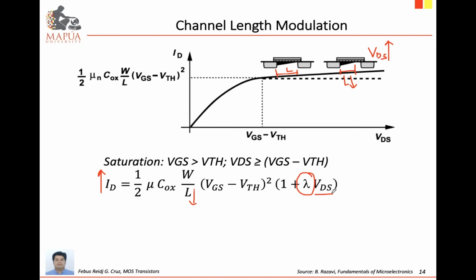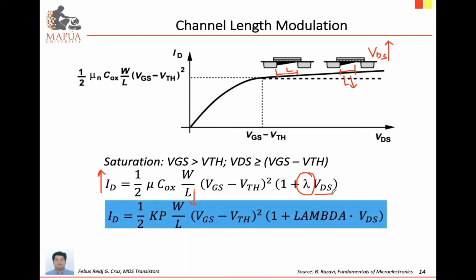Yes, sir. Okay, thank you. Normally I would write this kind of equation: ID equals 1/2 times Kp, where Kp equals mu Cox, the product of mobility and the oxide capacitance.